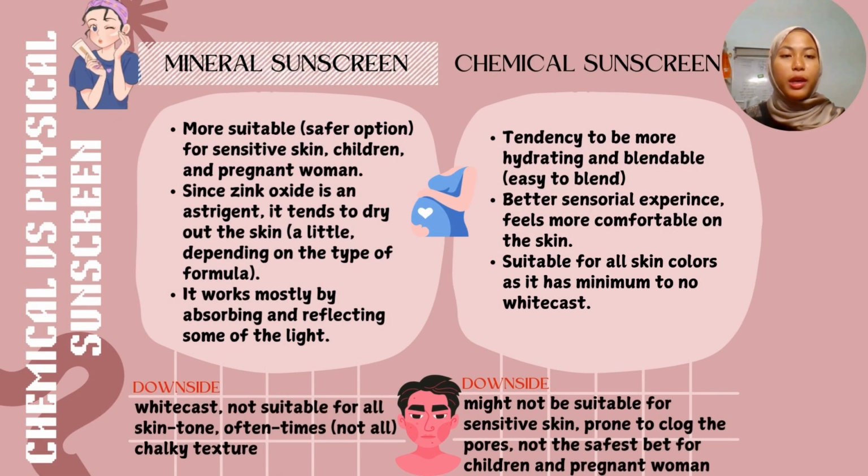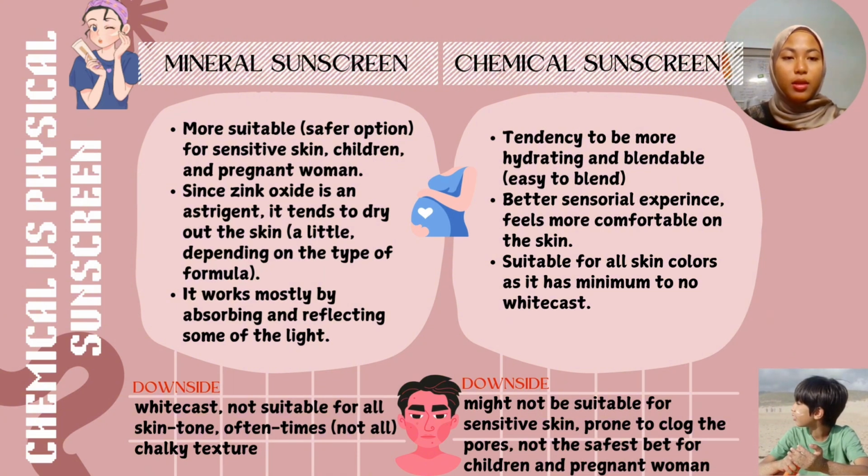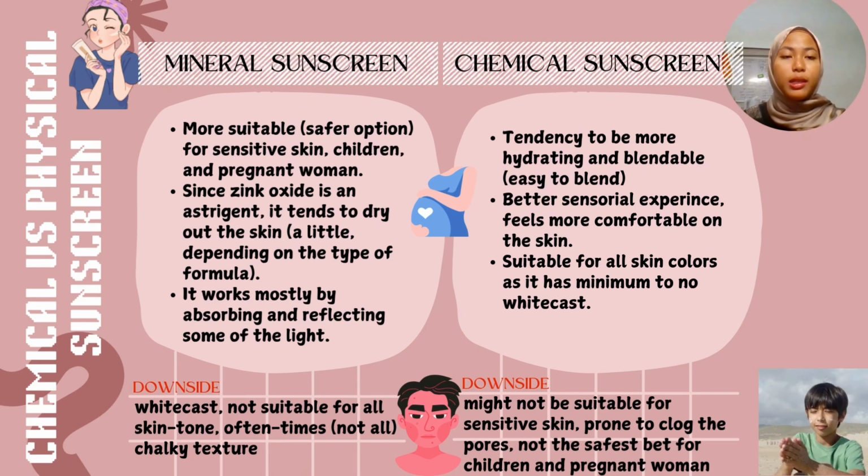Now let's take a look at the difference between mineral sunscreen and chemical sunscreen. Mineral sunscreen, also known as physical sunscreen, has UV filters of zinc oxide and titanium dioxide. While chemical sunscreen has UV filters such as oxybenzone, avobenzone, octisalate, octocrylene, homosalate, octinoxate, and many more.